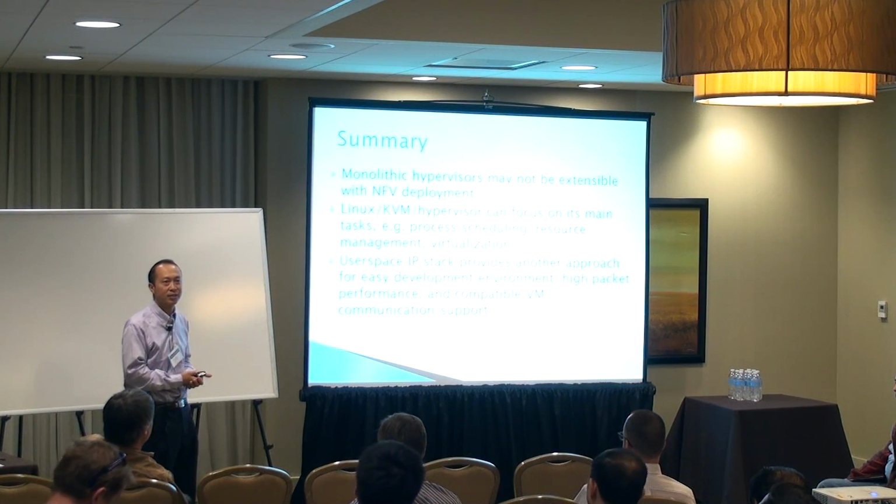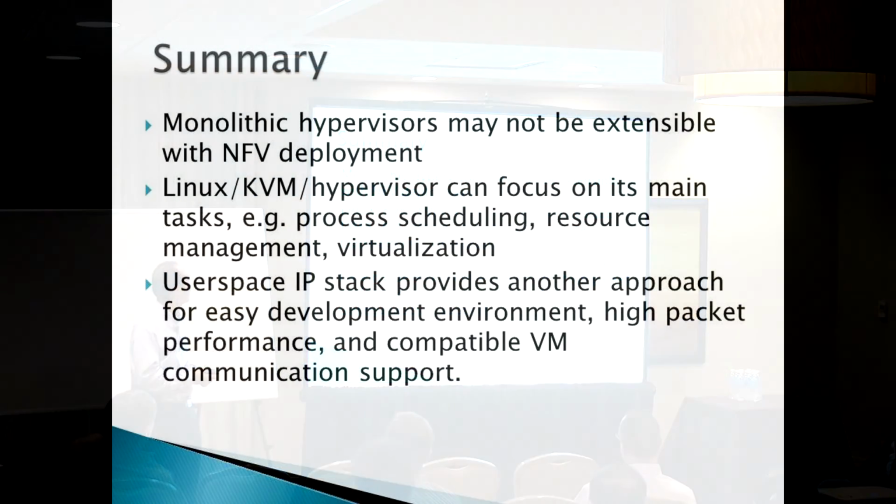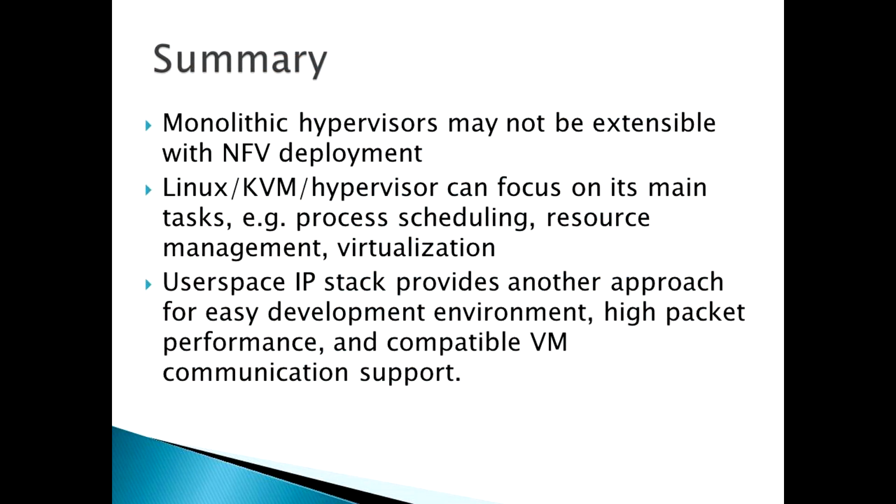So in summary, for my presentation, we think the monolithic hypervisor is not extensible by itself for the AM3 deployment. Certainly, it's good for the single host deployment and for certain types of traffic handling, but it may not be a good solution down the road for the AM3 expansion.